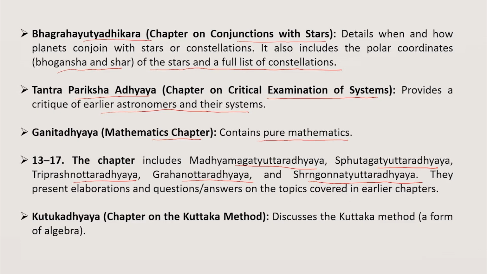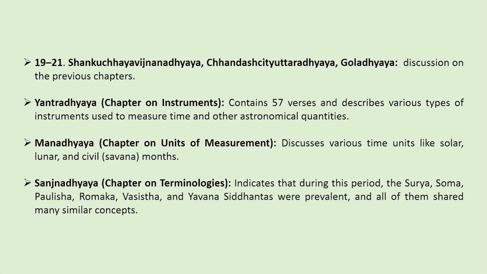So, this chapter we can see as a revision of the previous chapters, as mentioned by Brahmagupta. Chapters 19 to 21 are Sankuchaya Vijnana Adhyay, Chandishchutyuradhyay and Gola Adhyay, a discussion on the previous chapters.